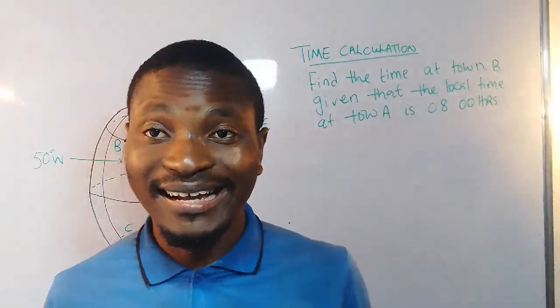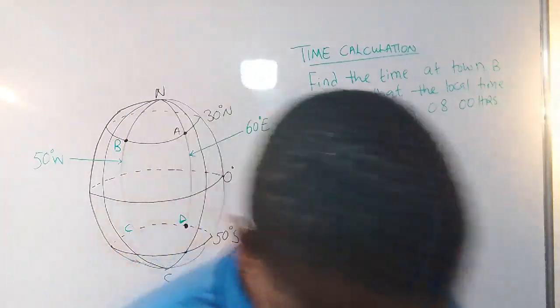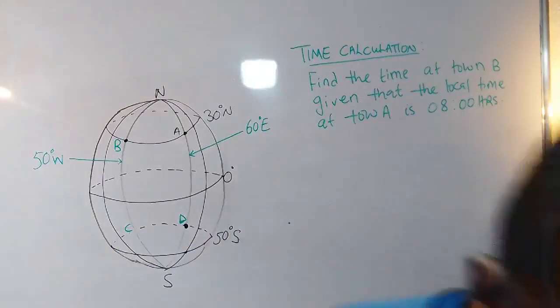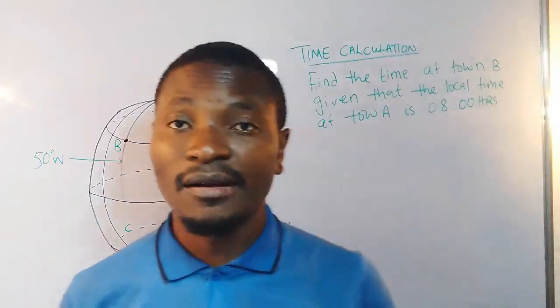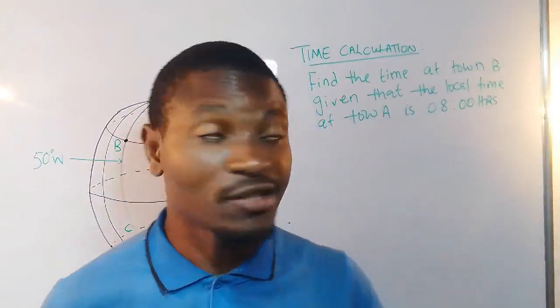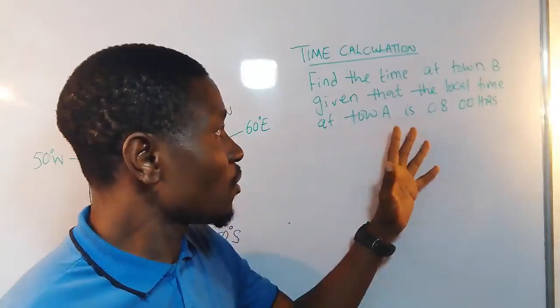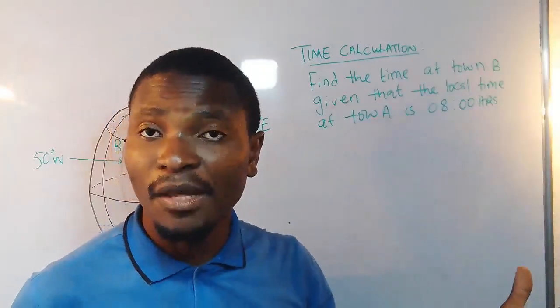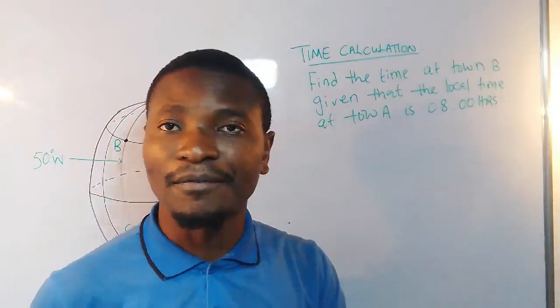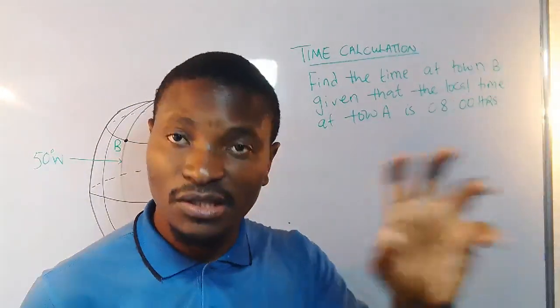Okay, so now let us move on. The first thing is, if I identify in the question that I have point B that I'm interested in, and also point A, those are the only things I'm interested in because the question talks about them.